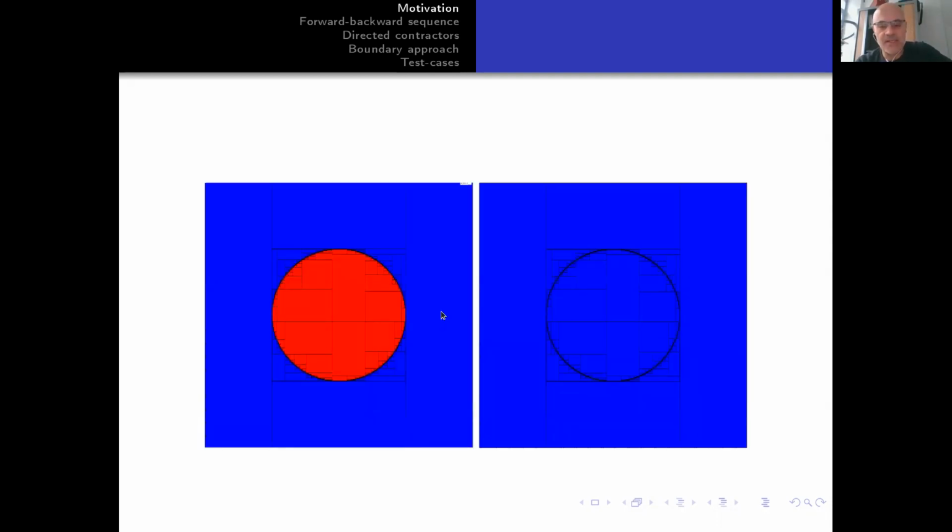So the idea is the following. When we compute just the boundary, like this one, instead of the inside and the outside as we do usually, we produce exactly the same boxes, but we do not have the information concerning whether it is inside or outside.